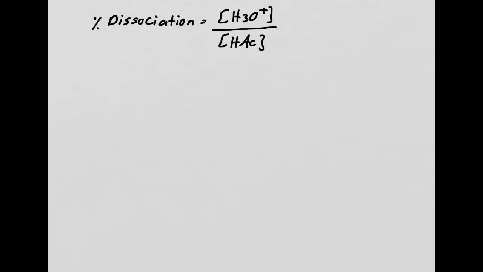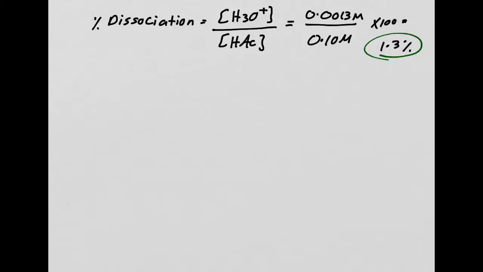Basically, how much of the acetic acid broke up. So we know at the beginning we had 0.10 molar acetic acid, and we know that 0.0013 broke up, right? Times 100, I get 1.3%. Not much, huh? Only 1.3% actually broke up.